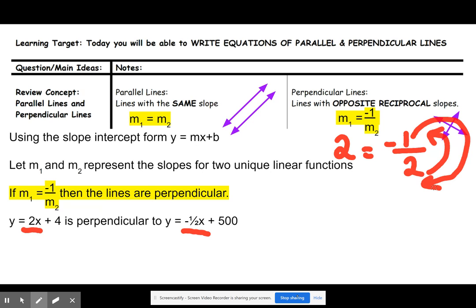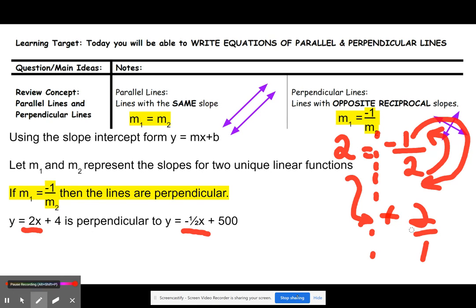So the negative reciprocal would be for this side over here. The negative of a negative is a positive, and reciprocal means you switch the top and the bottom. You see that 2 is equal to 2. All right. Let's look at a few examples and then get you your assignment.